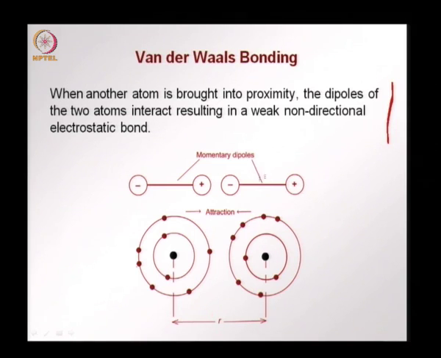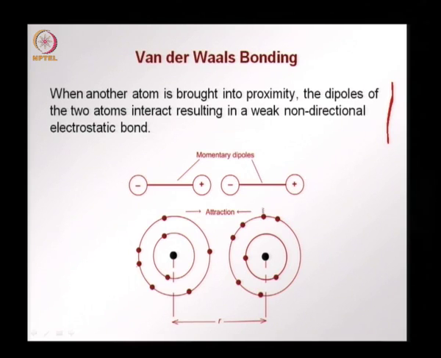So, these were the dipoles that we saw being generated due to the instantaneous distortion of the electrostatic field. This gave rise to one end being more positive, the other end being more negative.